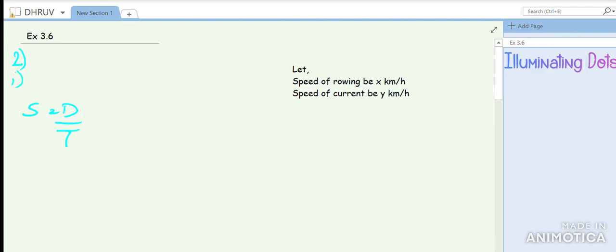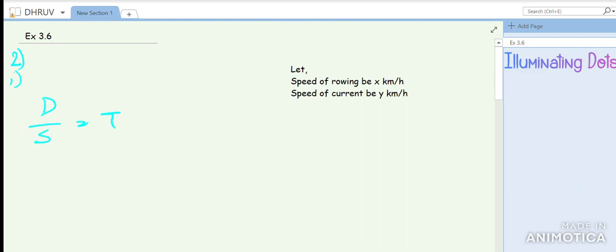Simply talking, distance upon speed is equal to time. I take the distance, which in the first case is 20 kilometers, and the speed.